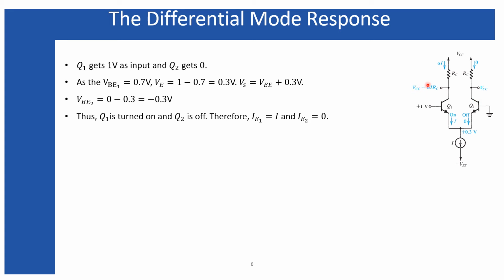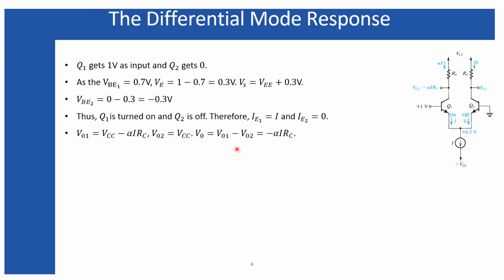So the voltage at the collector terminal of Q1 will be VCC minus alpha I times RC, because the entire current I gets driven through the transistor Q1, and since Q2 is turned off, the collector terminal of Q2 will have VCC, so V02 will be equal to VCC.